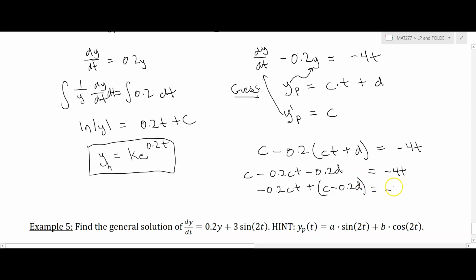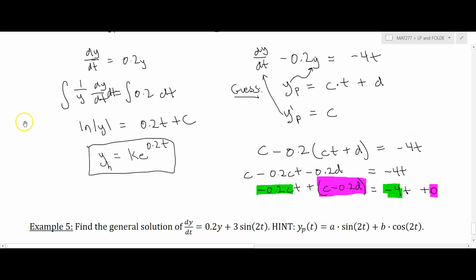And that has to equal -4t plus 0. The reason I write it out like this is because this coefficient here has to equal this coefficient there. That's the only way that the t terms can be equal. Also, I know that c and d are just some constants, so c minus 0.2d is also a constant. And that constant has to equal 0.